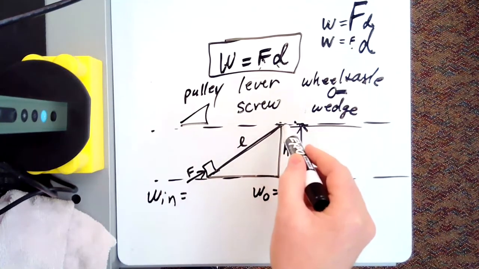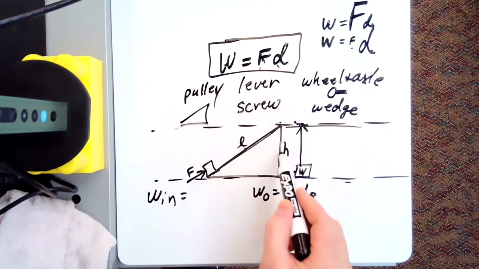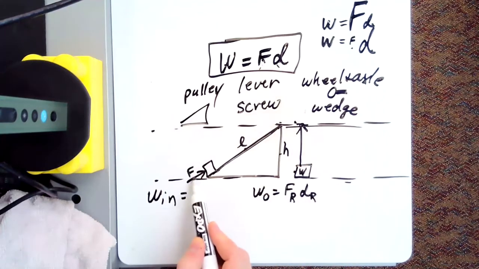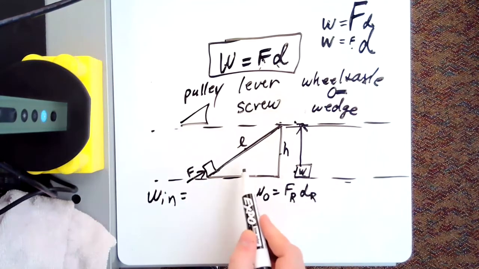So the length here is always going to be really bigger than the height of the inclined plane, right? So I can go for a longer distance, which means this force can be less than what it took to lift it up. Does that make sense? Inclined planes help us to do work by lowering our force that we need to use. But we have to apply it over a longer distance.